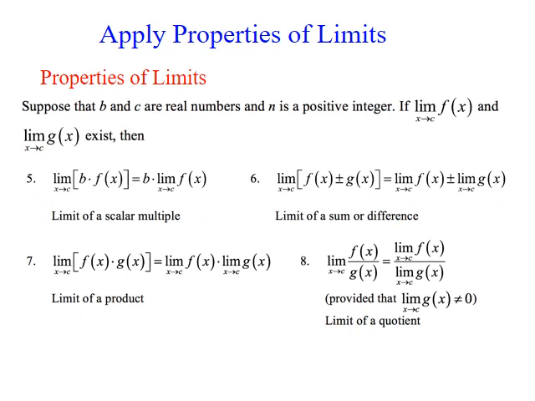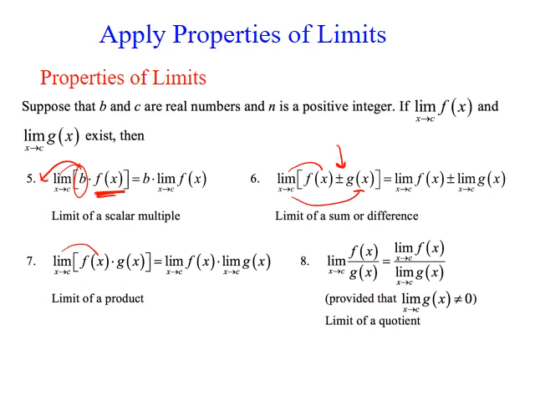Some more properties, basically the distributive property holds. Again, b is a constant, so the limit of a constant is a constant, so you can simply move that out in front. And then just find the limit of this function. Here, you'll find the limit of this function and either add it or subtract it to the limit of this function.